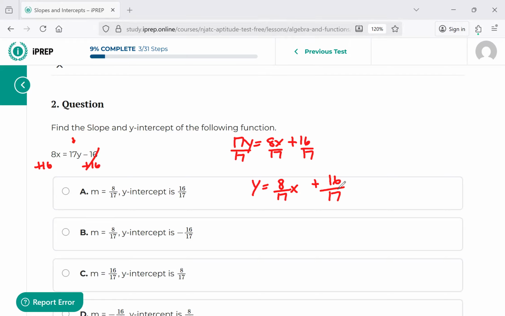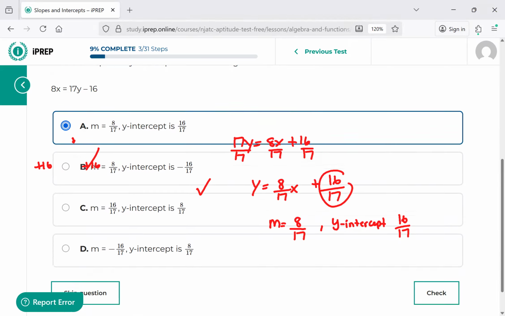I don't think you can reduce. So my slope is 8 over 17, and my b, or y-intercept, is 16 over 17. So which one is that? This one. Not too bad, right?